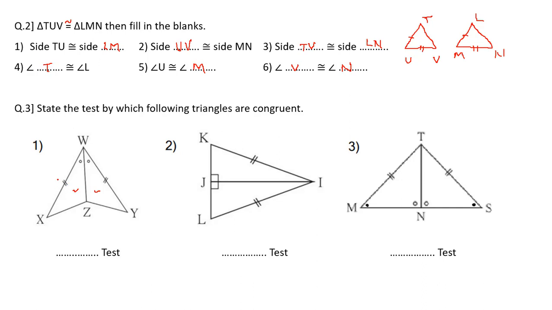One side is congruent, another angle is congruent, and WZ is common to both triangles. So actually side angle side, in this way. So by SAS test these two triangles are congruent.